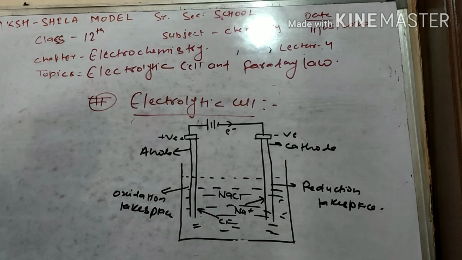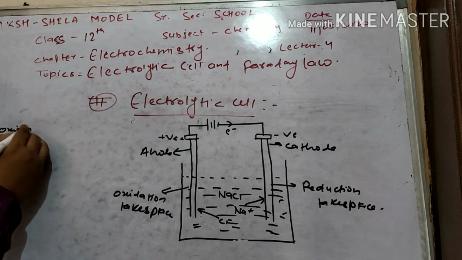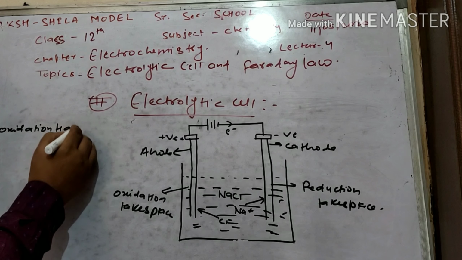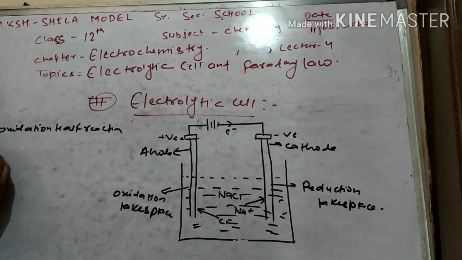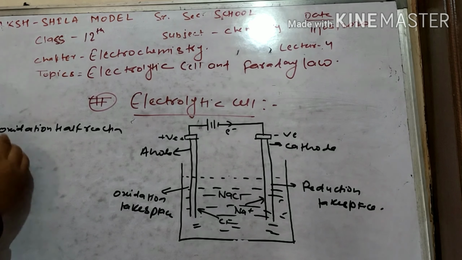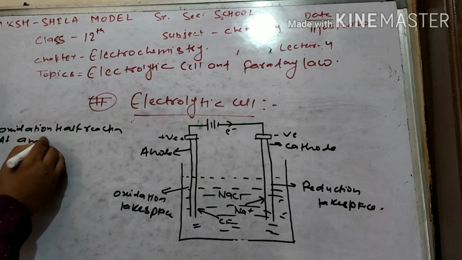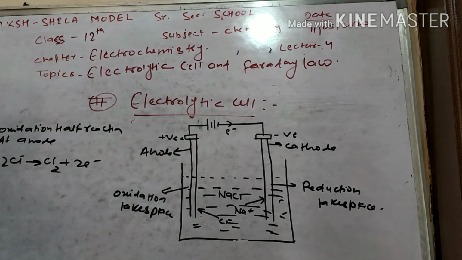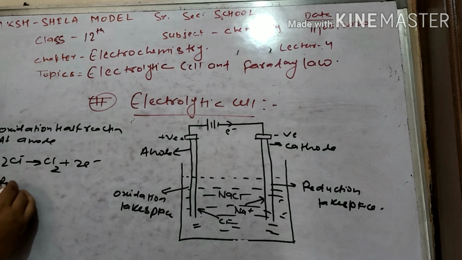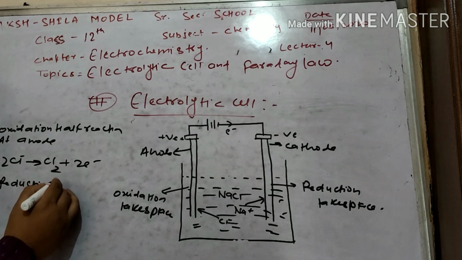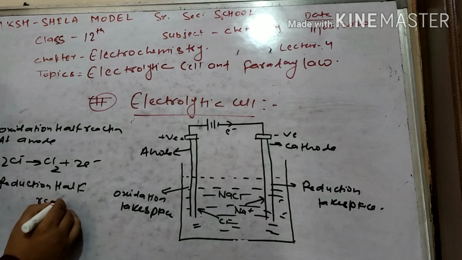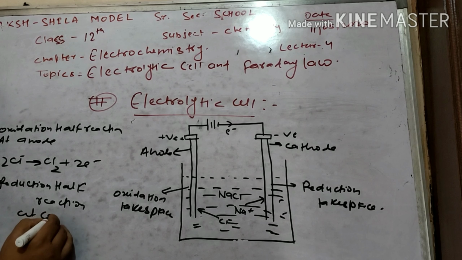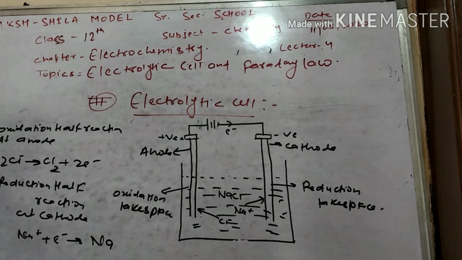So in this for example, the oxidation half reaction generally takes place at anode. This Cl negative is converted into Cl2 plus 2 electrons, and the reduction half reaction at cathode: this Na positive takes electrons and is converted into Na.